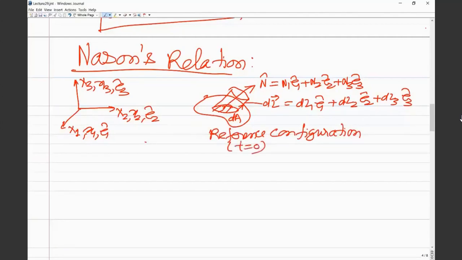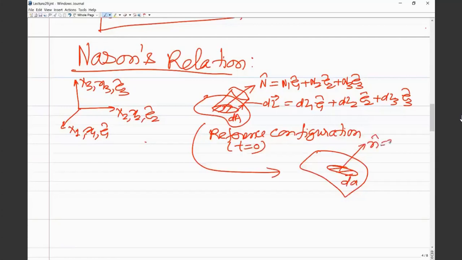And then in the current configuration, this area translates to a different area, which now becomes small da. The normal to the area is small n cap, which is given by n1 e1 cap plus n2 e2 cap plus n3 e3 cap.